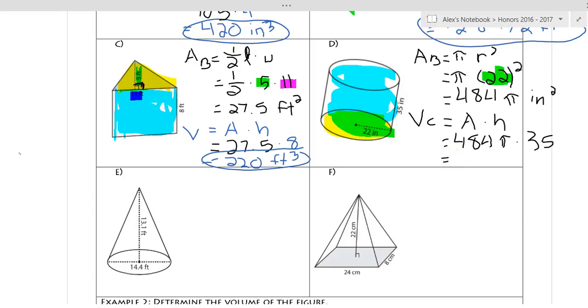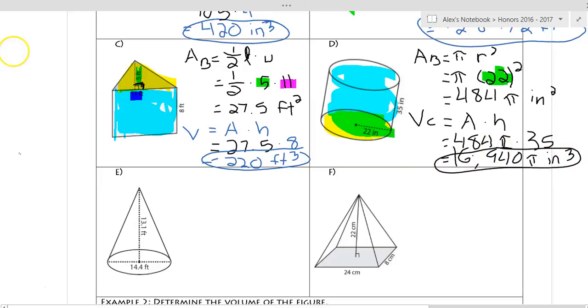When I multiply those, I get 16,940 pi inches cubed.